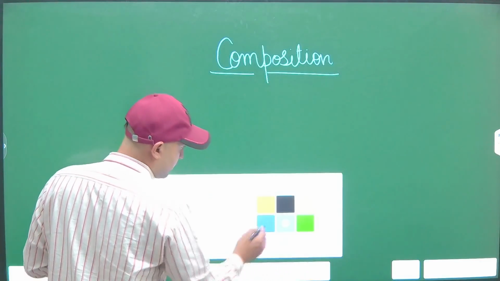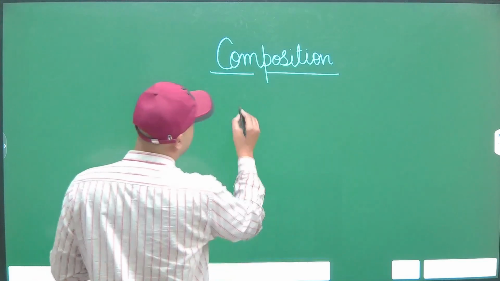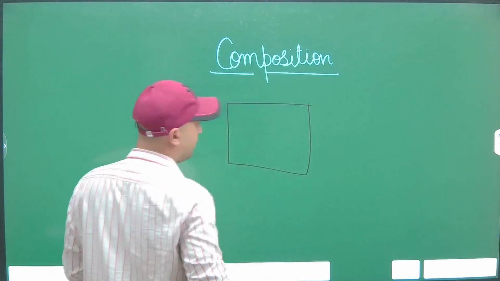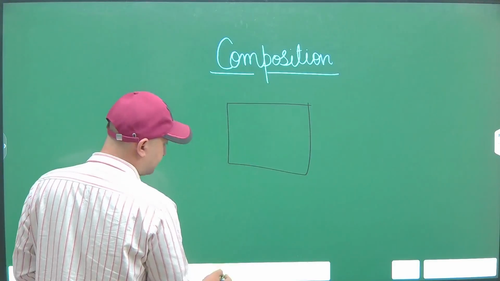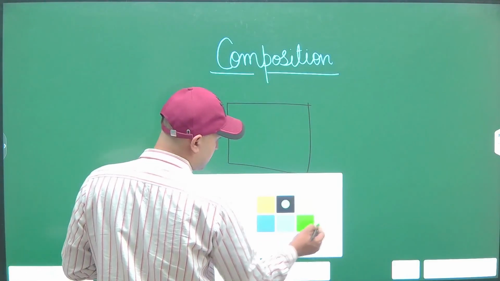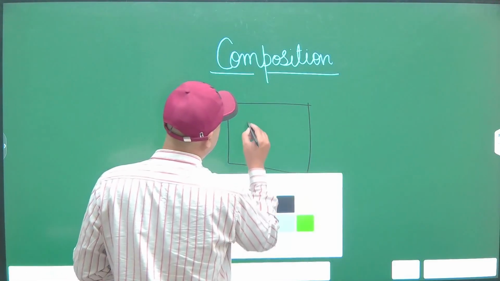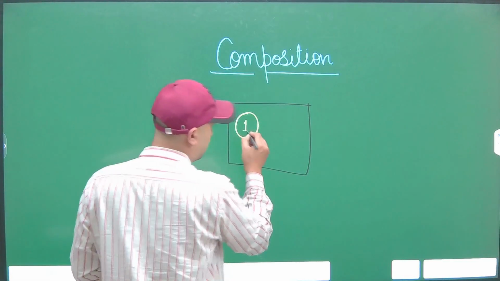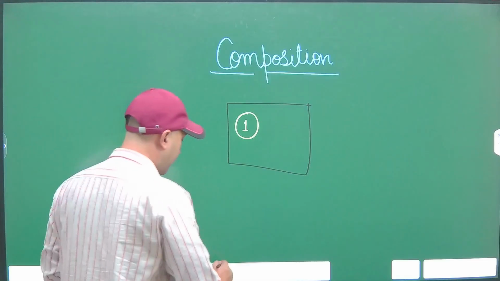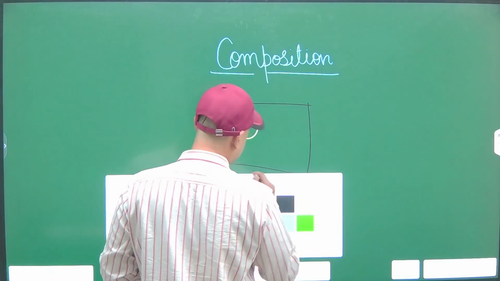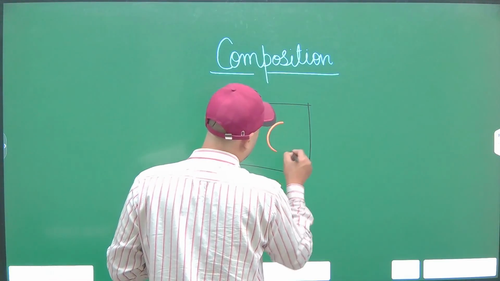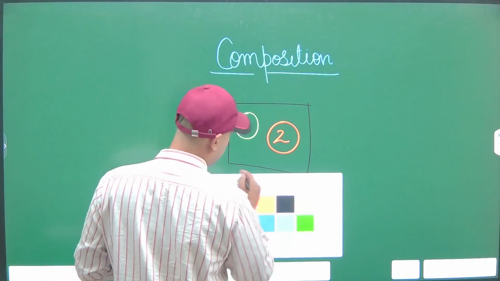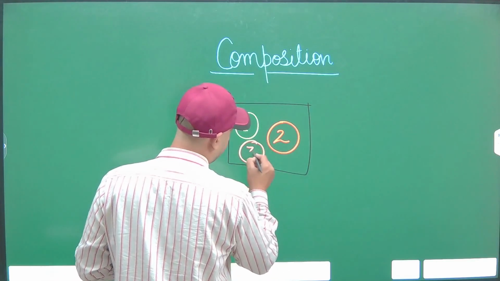now, this is a box. In this box there are balls. This is ball 1. This is ball 2. This is ball 3.